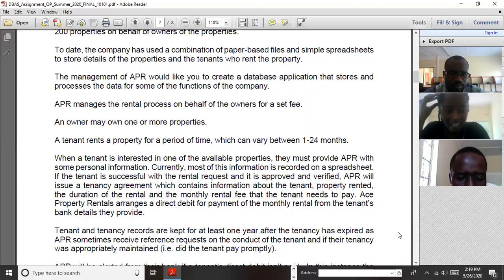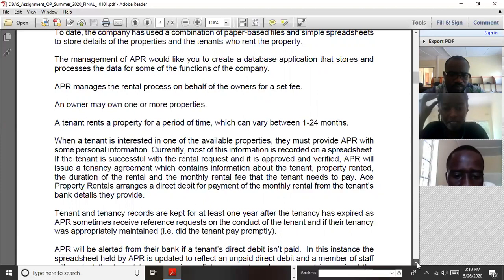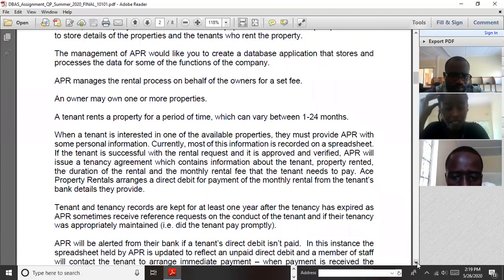Tenant and tenancy records are kept for at least 1 year after the tenancy has expired, as APR sometimes receives reference requests on the conduct of the tenants and whether the property was appropriately maintained. Did the tenant pay properly?